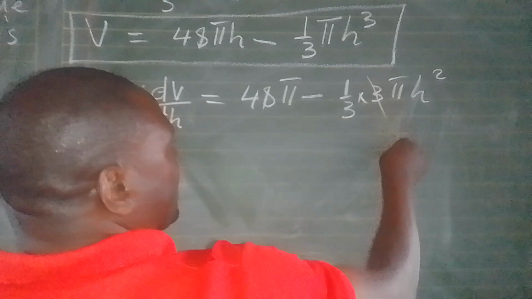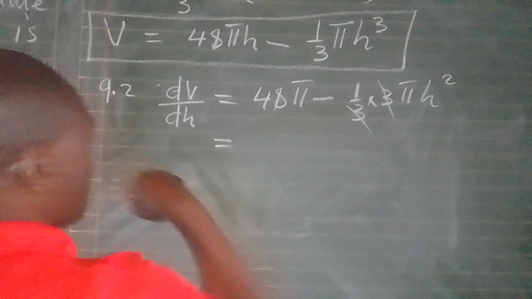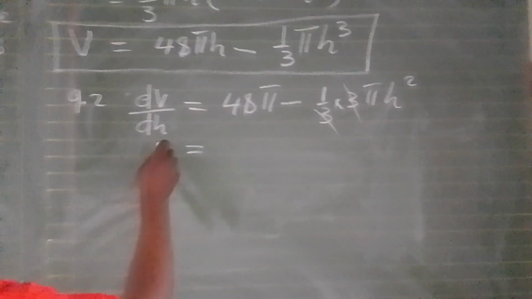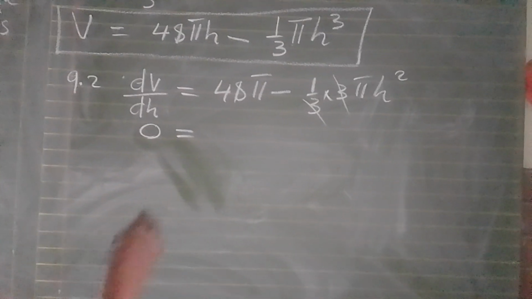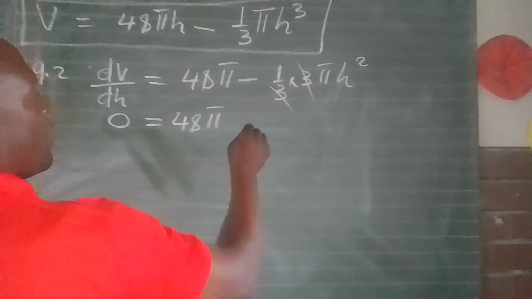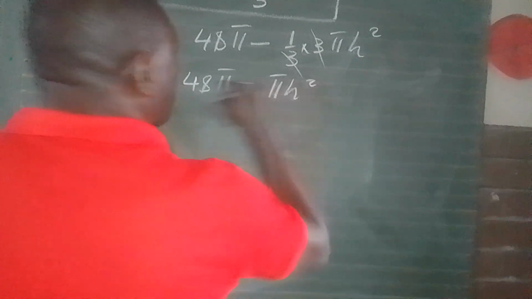A 3 cancels a 3. We know that somehow the derivative is going to be 0 at some point. 48 pi minus pi H squared.